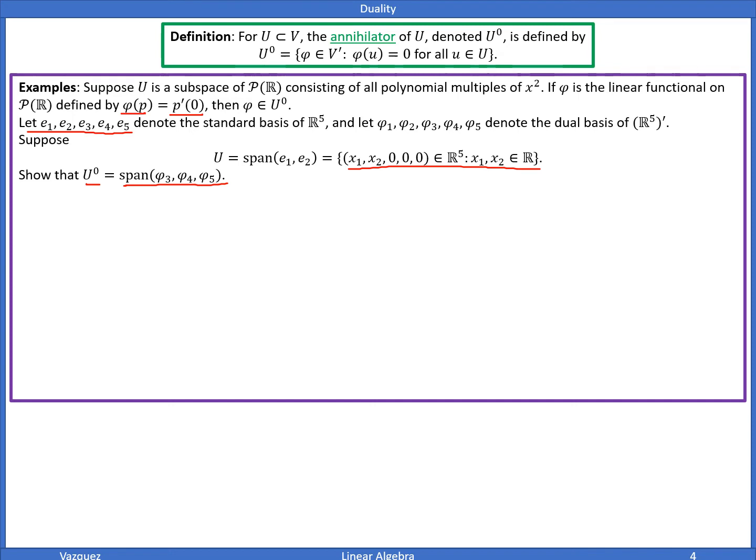Well, we're going to have to show that the annihilator of U is a subset of the span of phi3, phi4, phi5, and then we're going to have to show that the span is a subset of the annihilator of U. That's how we're going to show that those two are equal.